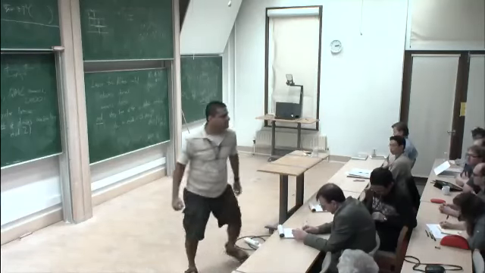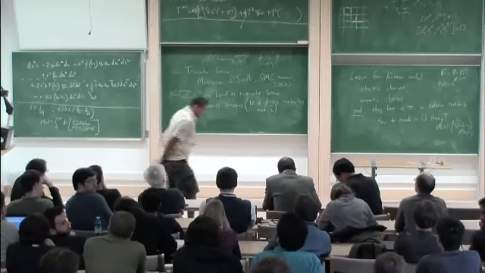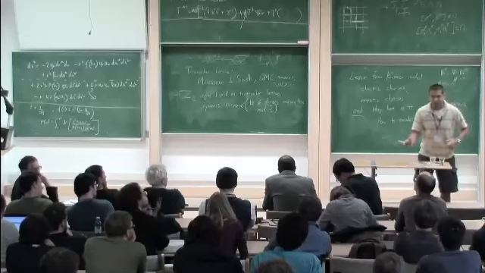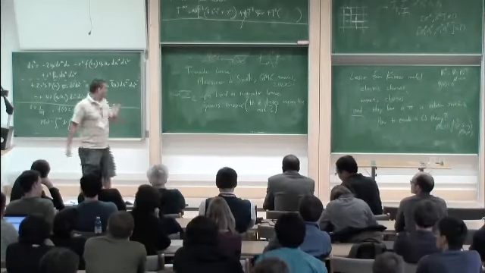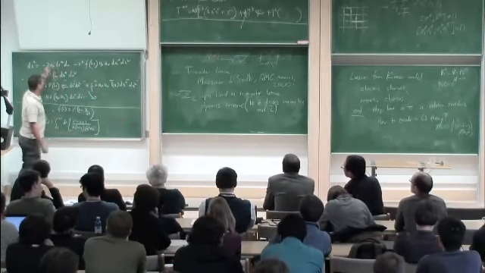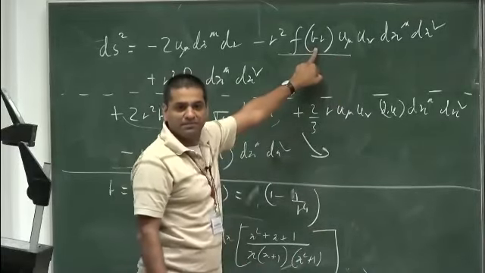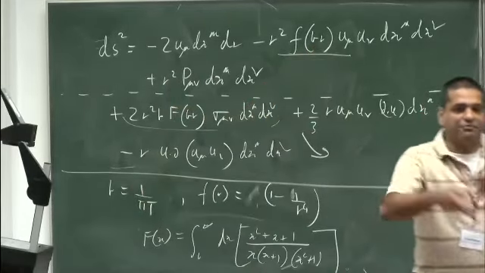Yes? Is this expansion like a 1 over R expansion near the boundary, or? No, this expansion is not the same as the Graham-Fefferman expansion, if that's what the question is. Because, you see, if you just look at this, the 0th order term here, it has all powers in an expansion in 1 over r. This function f of b of r is a complicated function.